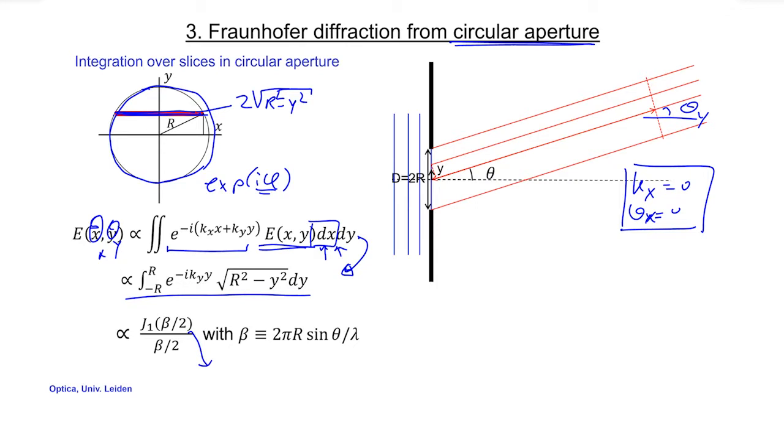Actually, a guy called Bessel defined this first-order Bessel function. So the diffraction pattern behind a circular aperture is given by this ratio: not sine beta over 2 divided by beta over 2, but J1 beta over 2 divided by beta over 2.